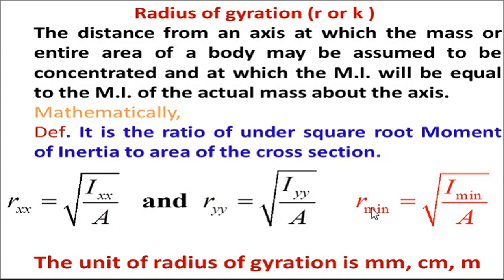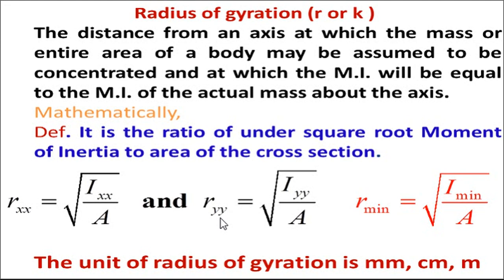Among Rxx and Ryy, whichever is less, the column should be designed for the minimum radius of gyration, because if a column is safe for the minimum radius of gyration, obviously it will be safe for the maximum. From the radius of gyration in column design, normally the slenderness ratio is calculated.